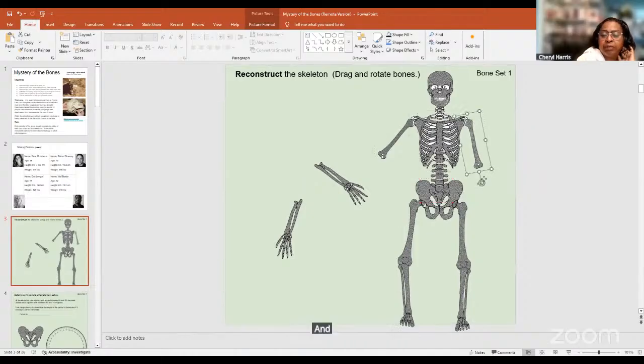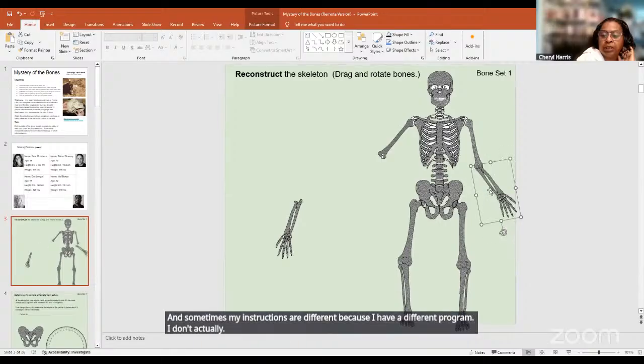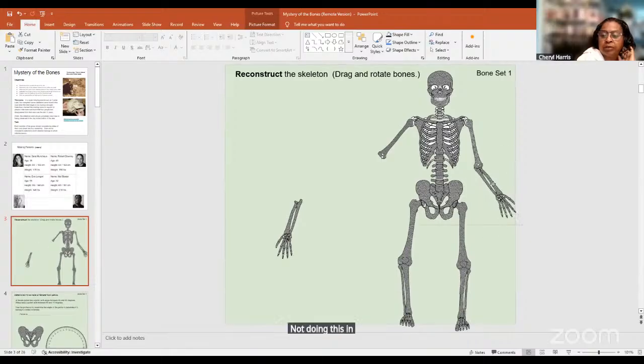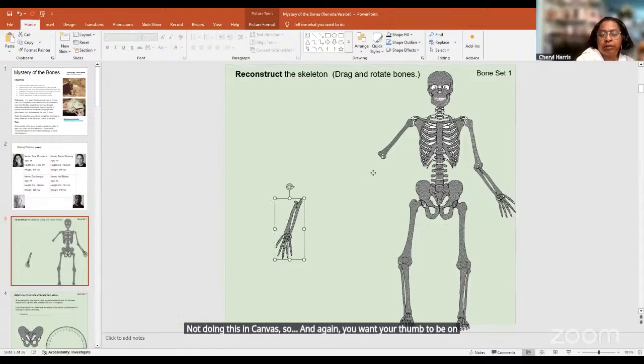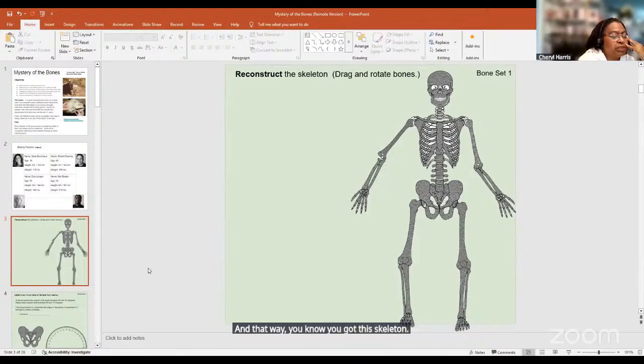And sometimes my instructions are different because I have a different program. I'm actually not doing this in Canvas. And again, you want your thumb to be on the outside. So that's the one you want to put there. Okay. So look at where your toes are, look at where your thumbs are, and that way you know you got this skeleton in the right spot.